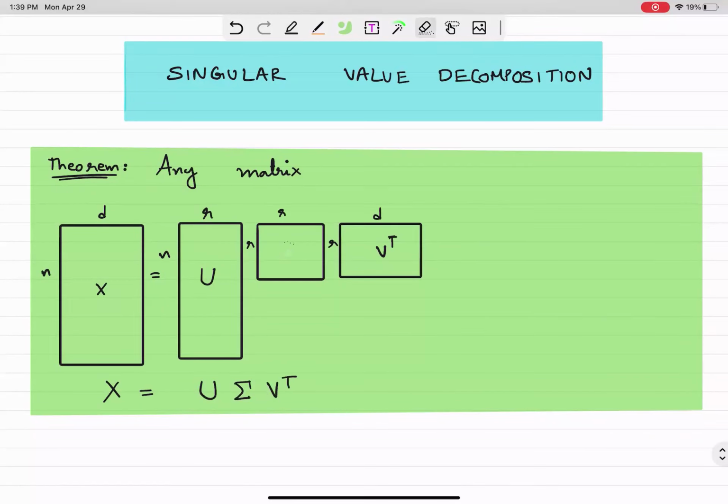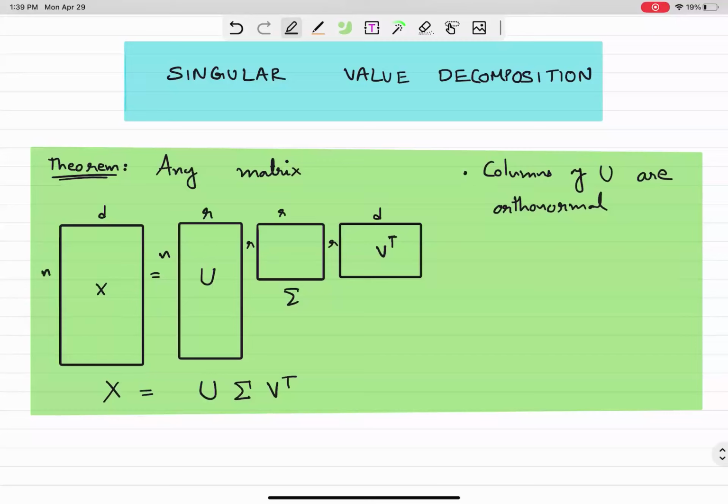But what is special about these matrices and this factorization? They have many constraint properties. The first one is that the columns of U are orthonormal. Meaning if I look at the columns of U as vectors, they're n-dimensional vectors.